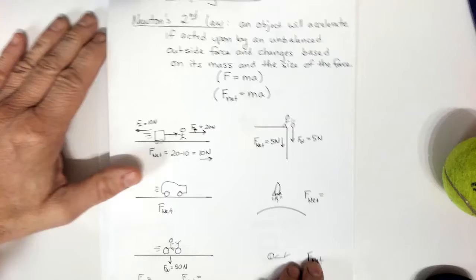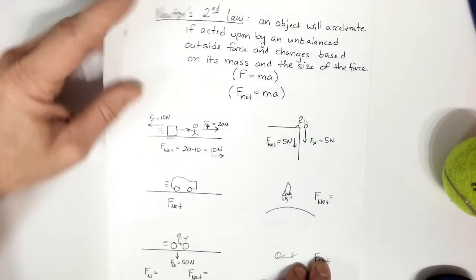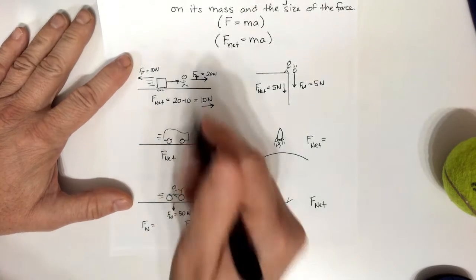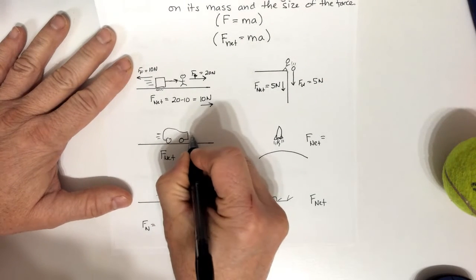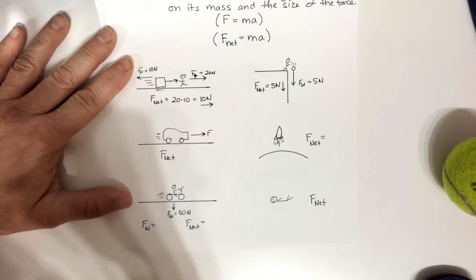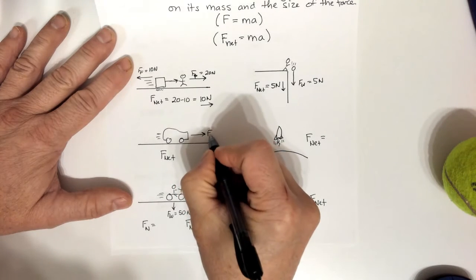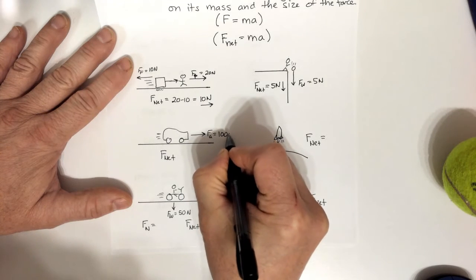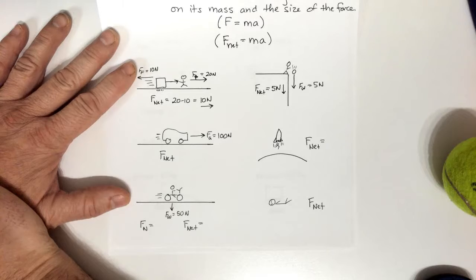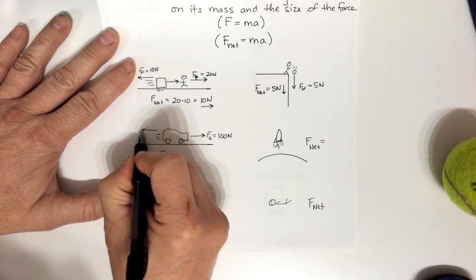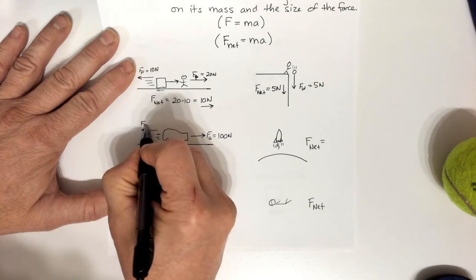Let's look at another situation. Let's look at this car driving down the road. Let's say that it has an applied force from the engine, or it could be thrust, either one. And let's say our applied force is 100 newtons. And then let's say it's going fast enough that there actually is a force of drag due to the air.